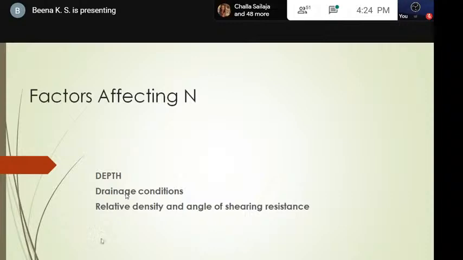Another parameter is relative density. If that is the angle of shearing resistance phi, then if phi is large, definitely we'll get a large N value, and if the soil is dense, we can expect a large N value. Similarly, a small phi value and loose soil will produce a small N value.